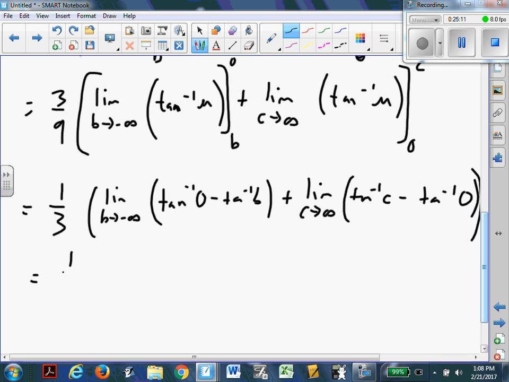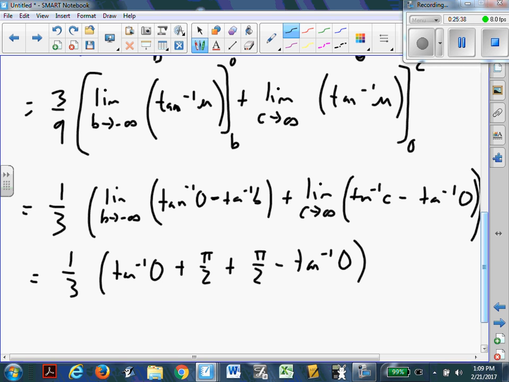So this is 1/3. Now, as b goes to negative infinity, arctan goes to negative pi over 2. So this is arctan of 0 plus pi over 2, because this is minus a negative pi over 2, plus, as c goes to infinity, arctan goes to pi over 2 as well, and then this would be minus arctan of 0.